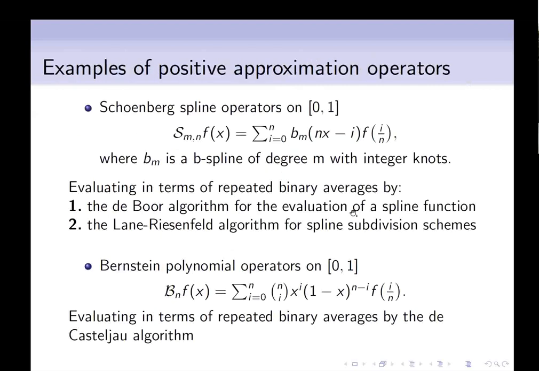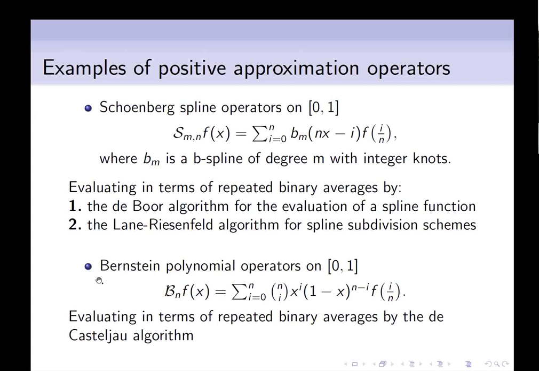As an example, we consider two approximation operators, Schoenberg spline operators and Bernstein polynomial operators. Here is their definition for the single-valued case. There are two stable recursion algorithms for Schoenberg spline operators, the de Boor algorithm and the Lane-Riesenfeld algorithm for spline subdivision schemes.